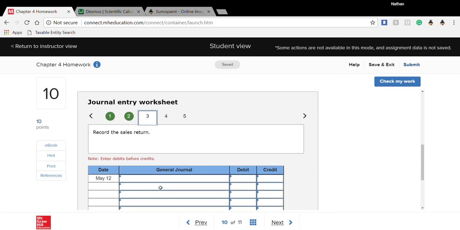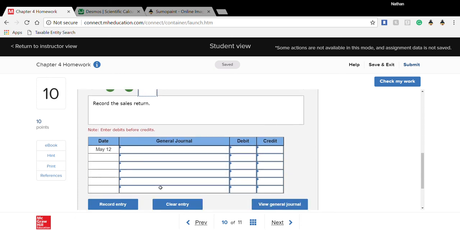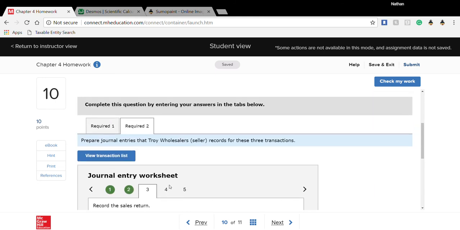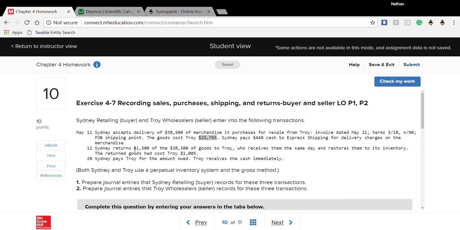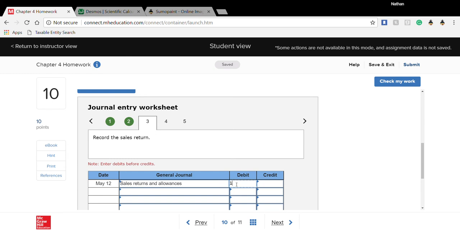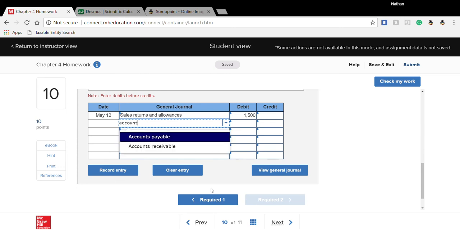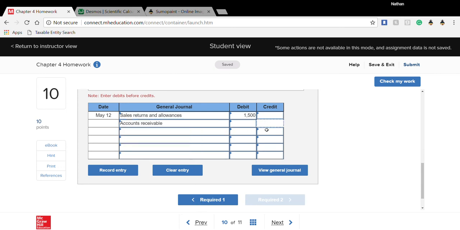Now we record the sales return. Now remember, we again do not affect sales. Sales is done. We have 2 other accounts that deal with sales. Since this is a return, it is sales returns and allowances for the amount of cash. So again, Sydney returned $1,500. So $1,500. Now they don't owe us that amount, so that's going to reduce the accounts receivable of the same amount.